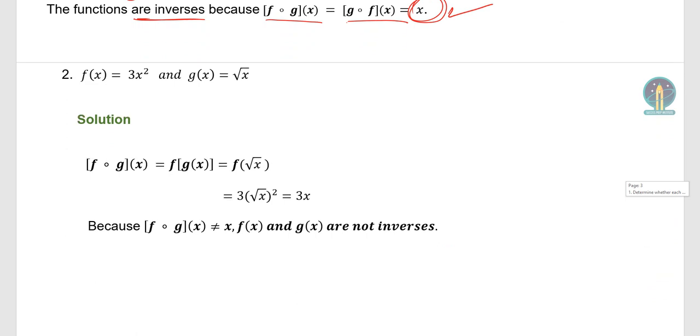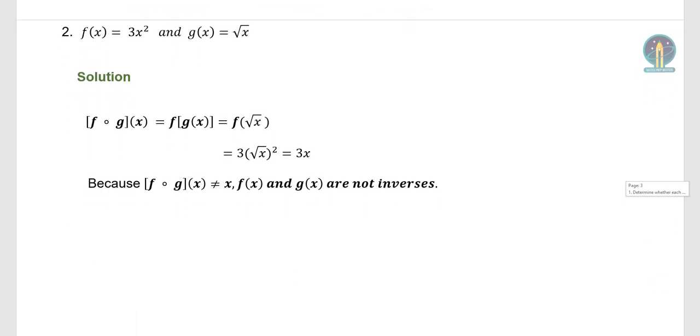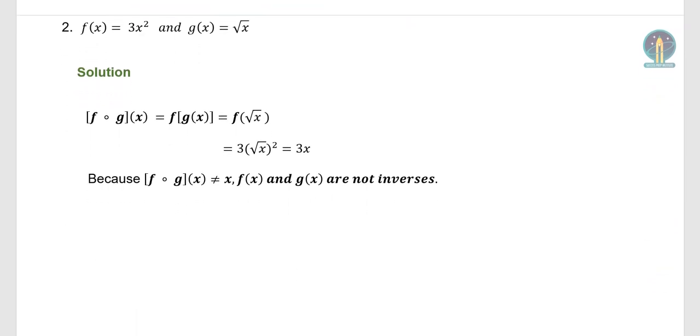Next example. f of x equals 3x squared and g of x equals square root of x. So again, find f of g and g of f and confirm whether or not they both equal x. f of g of x equals f with g of x substituted in for the x's in f.